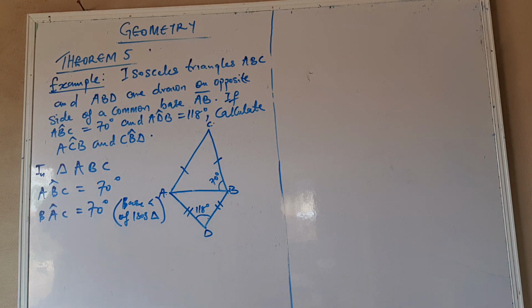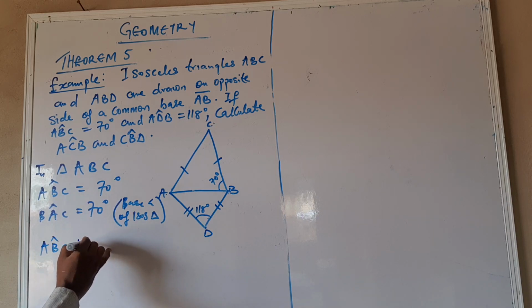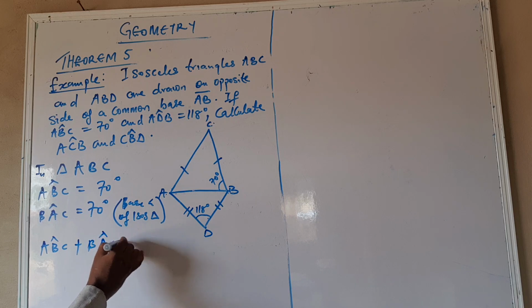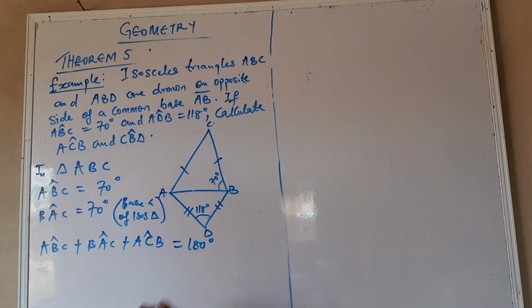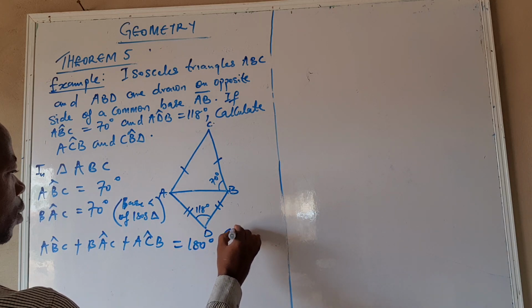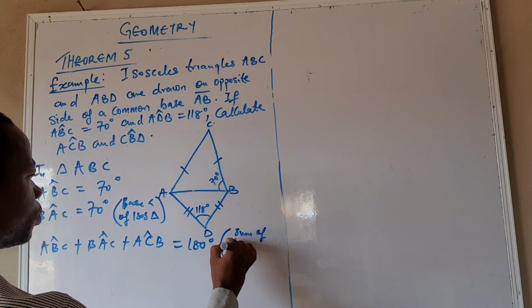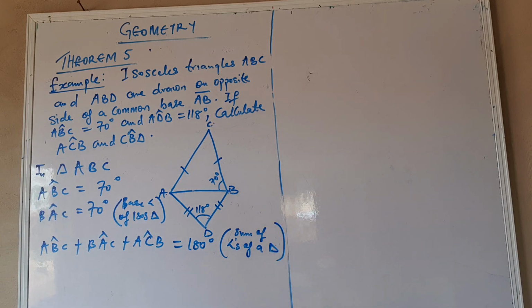So if that should be the case, then I know that my ABC plus my BAC plus my ACB is equal to 180 degrees. And what proves that? That is the sum of angles of a triangle.